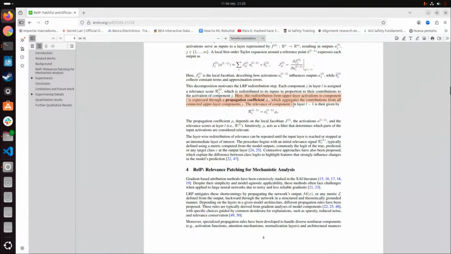The relevance of component i in layer L minus 1 is given by the relevance multiplied by this thing, the propagation coefficient. It depends on the local Jacobian, the activations, and the relevance score at layer L. Okay, a filter determines which parts of the activations are considered relevant.